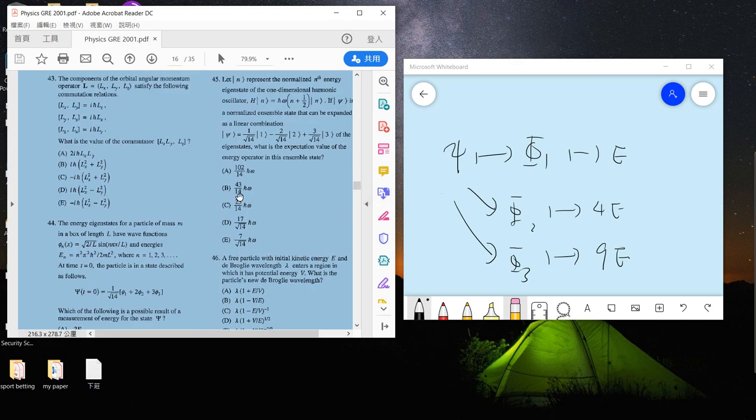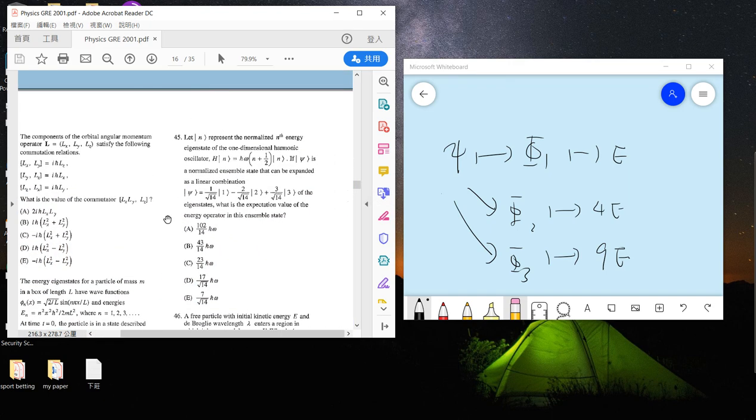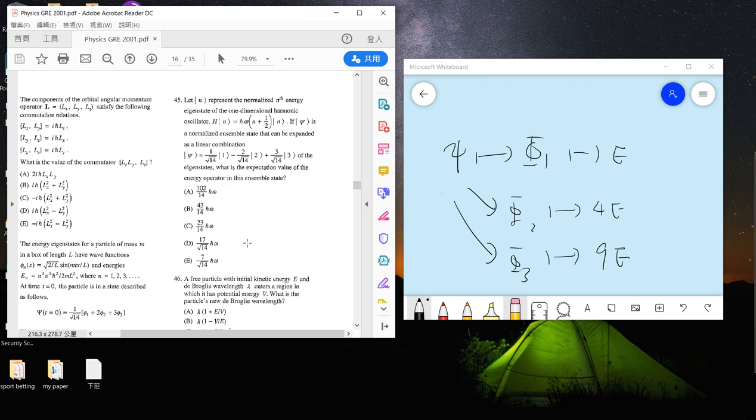So, basic quantum mechanics. 45 is also quantum mechanics. You have the harmonic oscillator, and basically what is the expectation value. This is trivial. Let me clean the canvas.